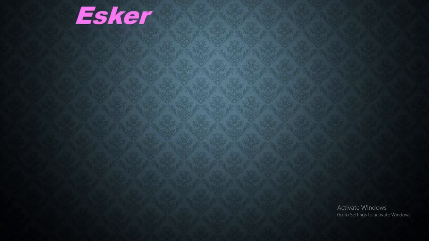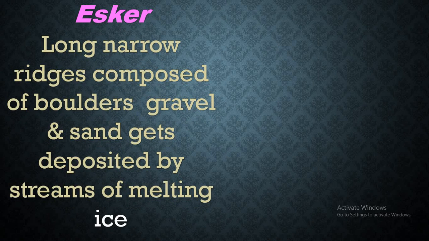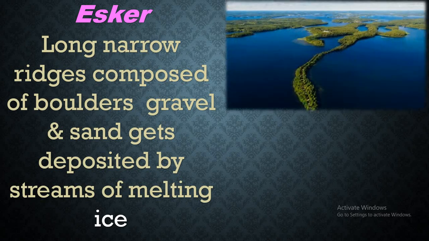The third one is the esker, a long narrow ridge composed of boulders, gravel, that is, big stones, and sand deposited by the stream of melting ice. So what happens when the boulders and sand get deposited in between the valley of the glacier?